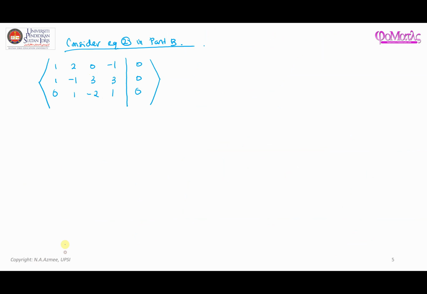Now what I'm going to do is just switch the position of the third row and the second row, R2 and R3. So 1 2 0 negative 1 0, 0 1 negative 2 1 0, 1 negative 1 3 3 0.